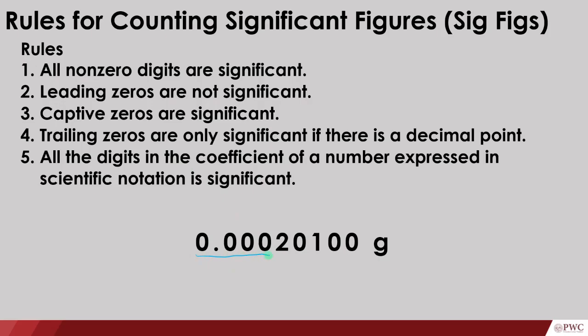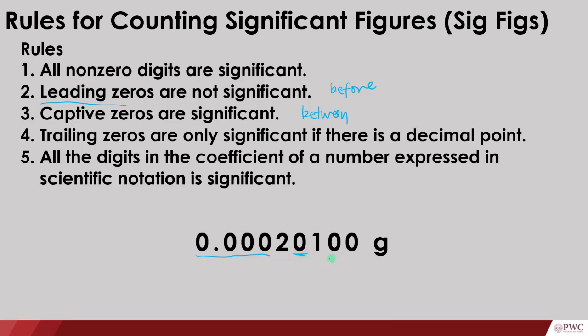Here we have zeros before the first non-zero digit. So these zeros here are leading zeros. Leading zeros are before the first non-zero digit. We also have zeros in between significant digits. These are captive zeros. So captive zeros are in between significant digits.